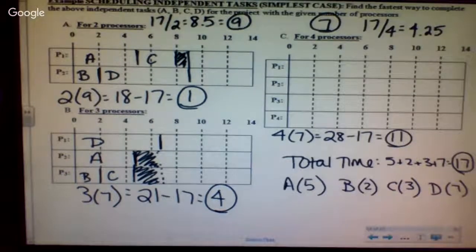Let's see if we do it properly then. So, what task would you like to give processor 1? A. Processor 2? B. Processor 3? C. And processor 4? D. 7.